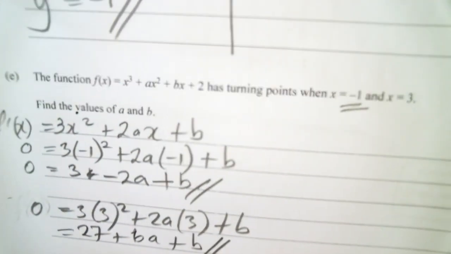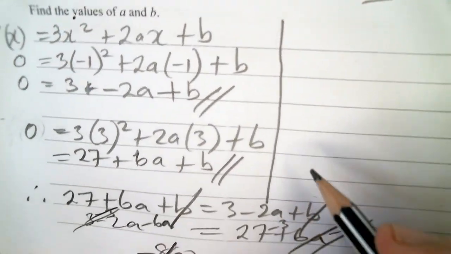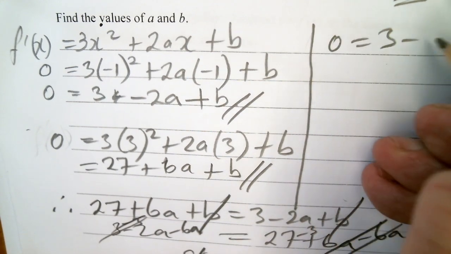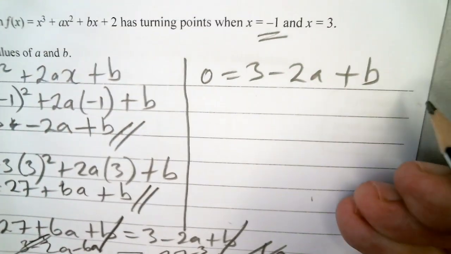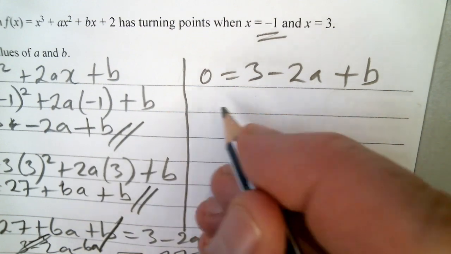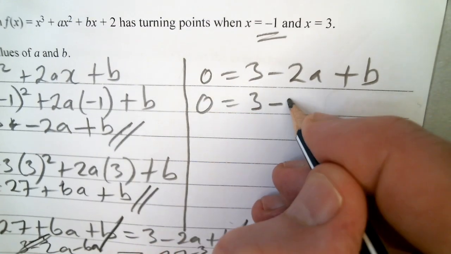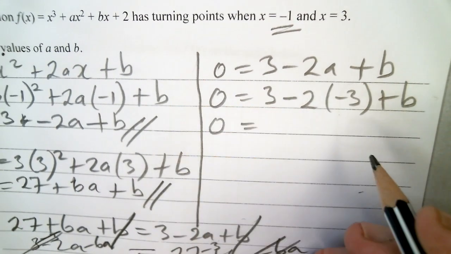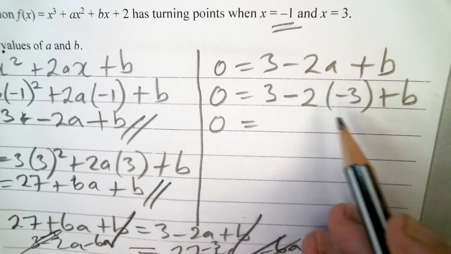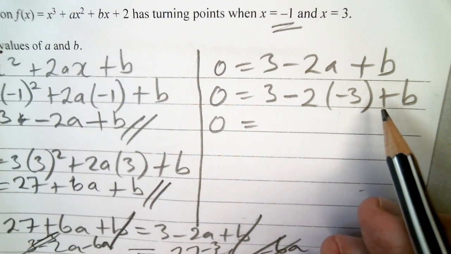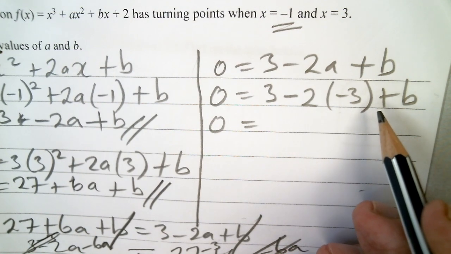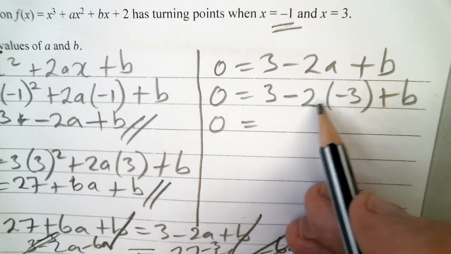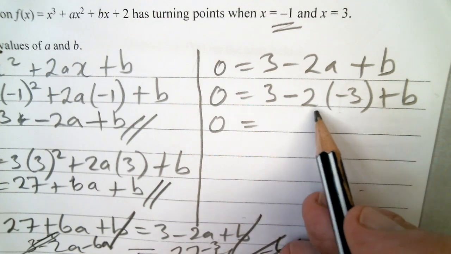Now we're going to find b. Finding b is going to be a piece of cake now, because all we have to do is feed the a value into one of these. Let's feed it into this one here. I've got 0 is equal to 3 minus 2a plus b. Let's make a minus 3. So 0 is equal to 3 minus 2 times -3 plus b. 2 times 3 is 6, both positive, and we've got a 3.